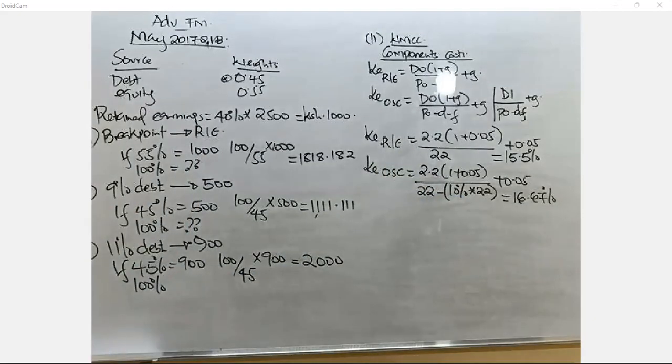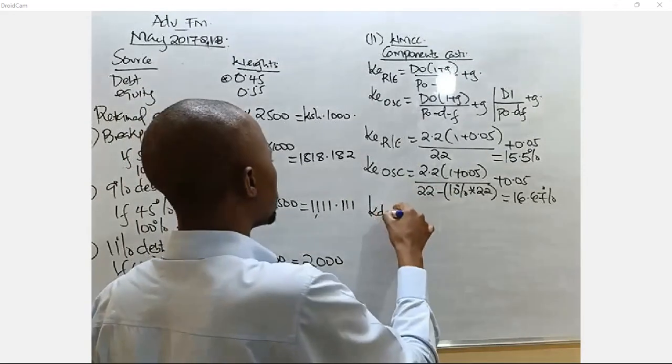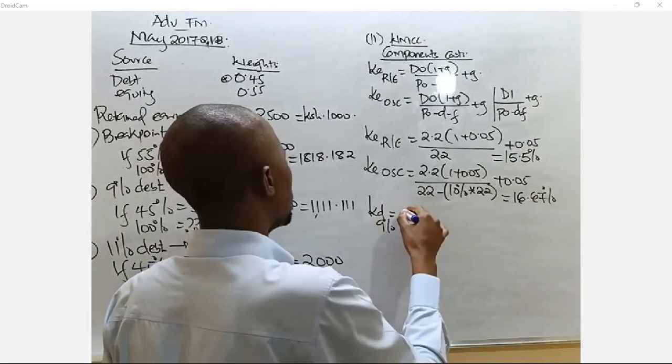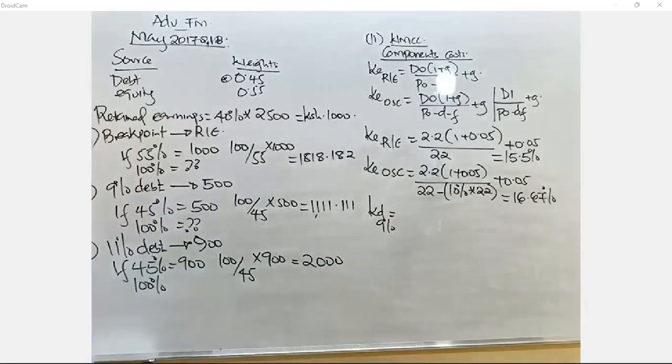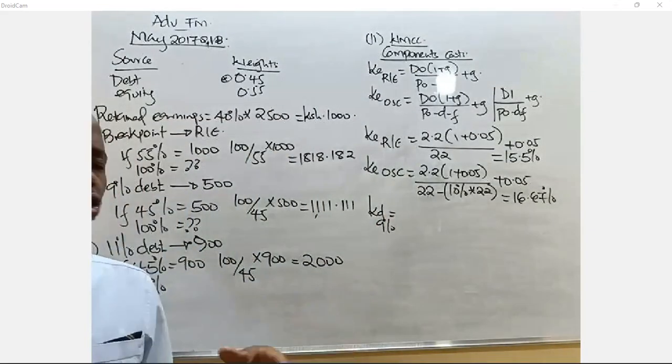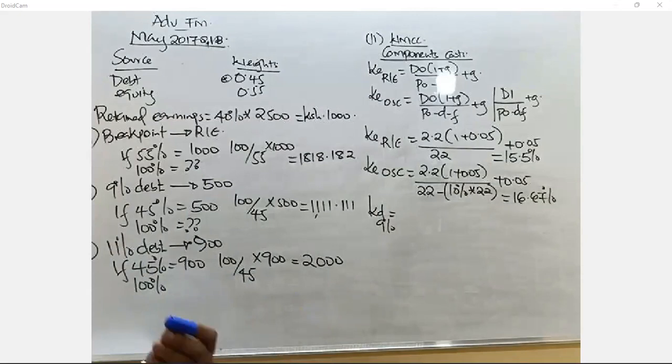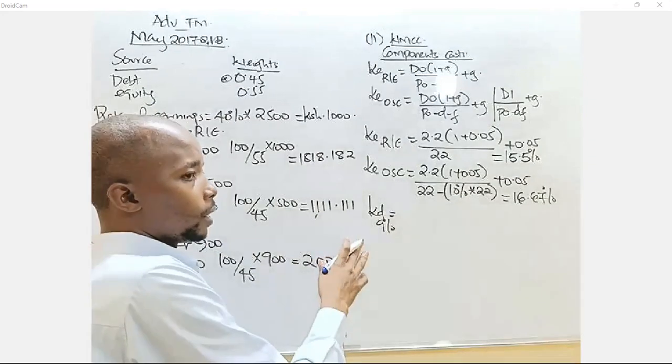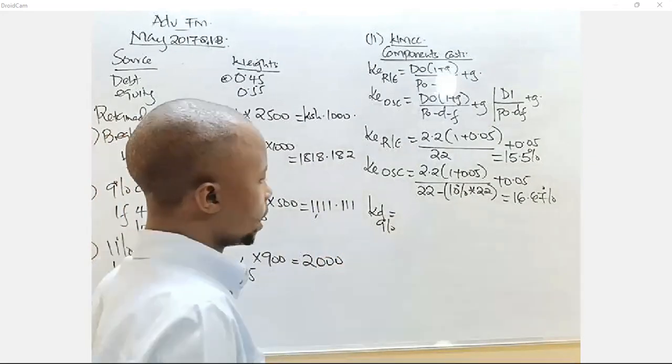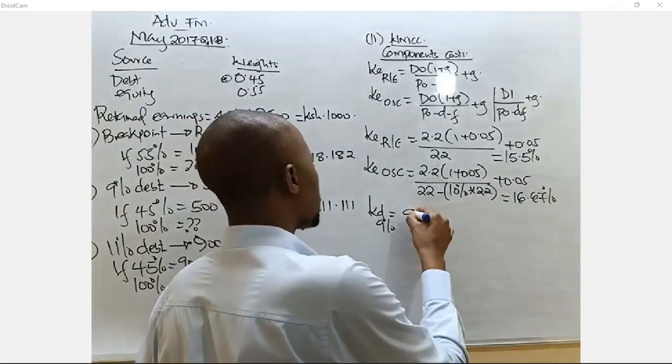Now, let us go to the debts. Can we calculate the cost of debt of 9%? Remember the proportions we are being given here are not going to change, because they are already the interest rate on incremental debts. So we normally talk about pre-tax cost of debt, so it will be just 9%.